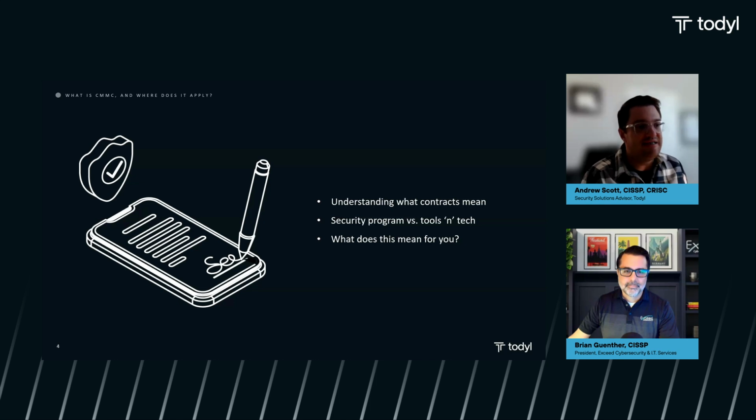I see this quite often, and it's a challenge for many orgs and for the MSPs on the line: being mindful of the differences between delivering a tools and tech service versus really needing to provide a security program for those organizations, and how you do that. So, Brian, I'd love to get your thoughts on the differences between a security program and tools and tech. What does that mean when the government's asking for those safeguards and really authorizing that, yes, we are protecting this information, and how is that done?